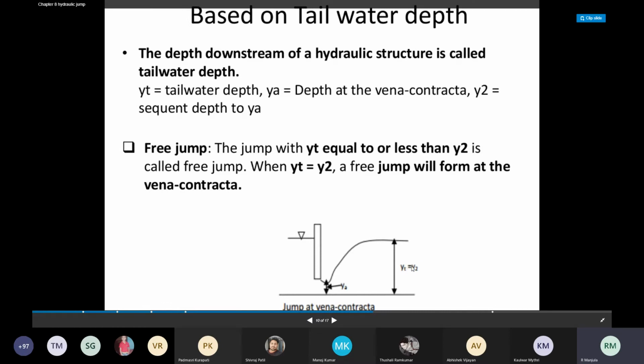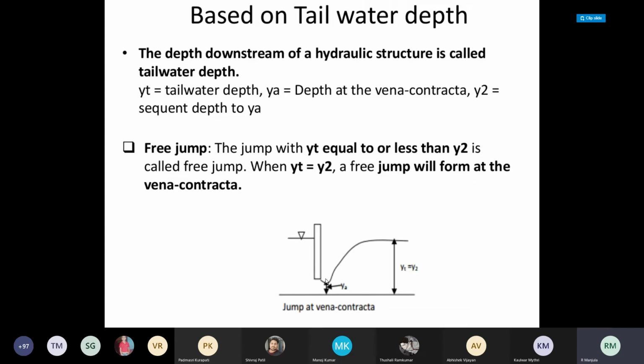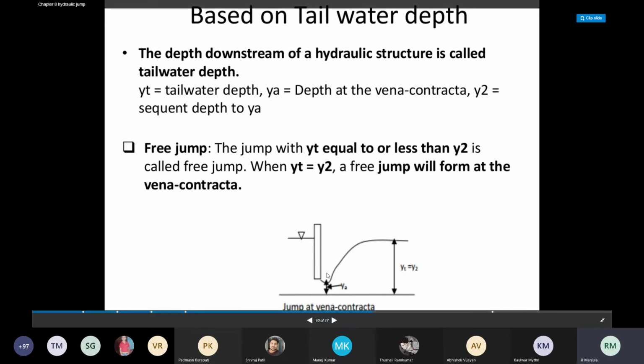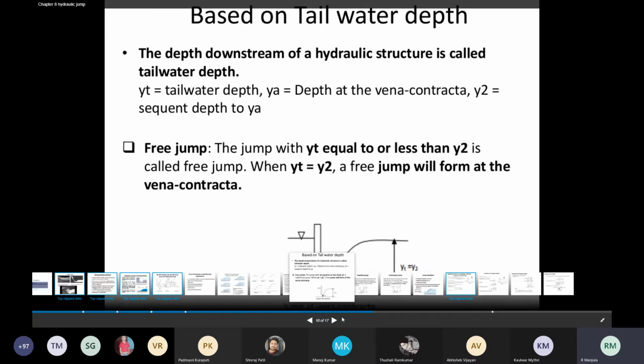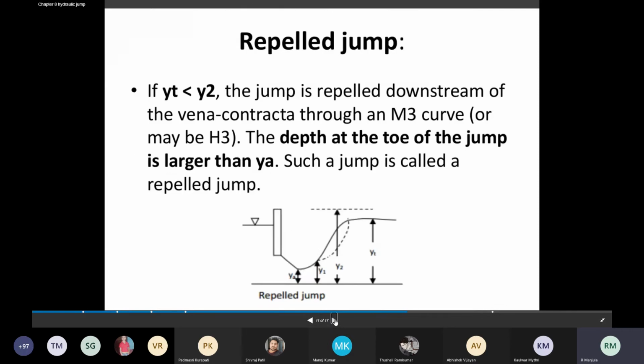YT, the tailwater depth, can vary from Y1 to Y2, where Y1 is at the vena contracta and Y2 is the sequent depth. A free jump will be formed at the vena contracta only when YT is equal to or less than Y2.